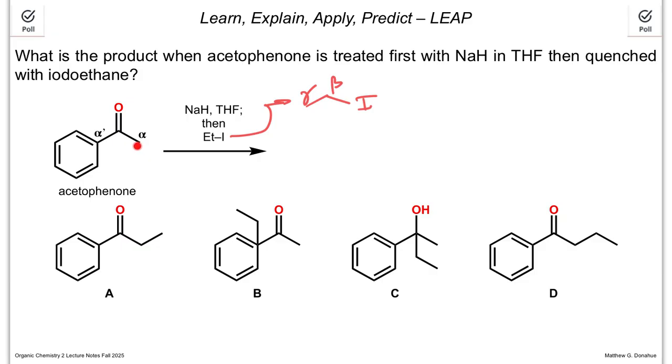From that alpha carbon, we're substituting off one hydrogen. Then we're going to make a new carbon alpha to carbon beta bond. So if we look at choice A, there's an alpha carbon. There's beta, but there's no other carbons. So that can't be right because we need two.